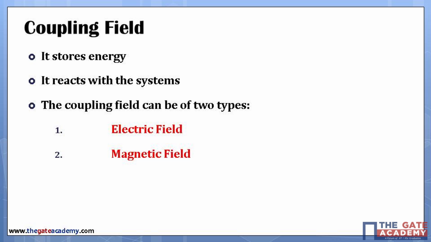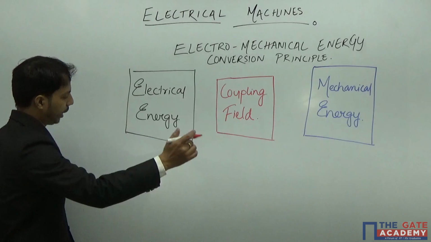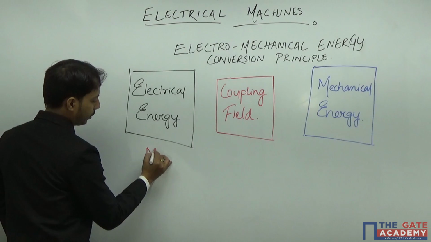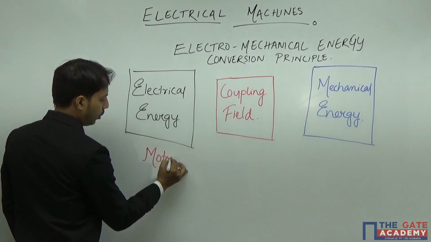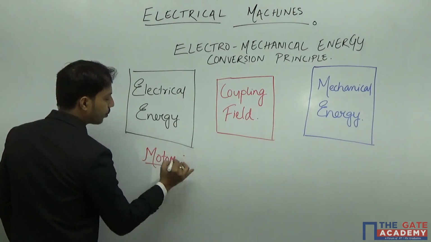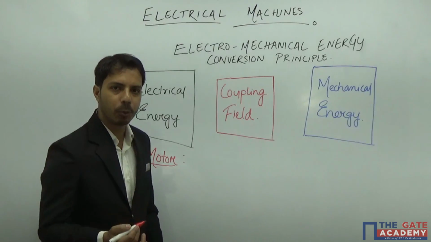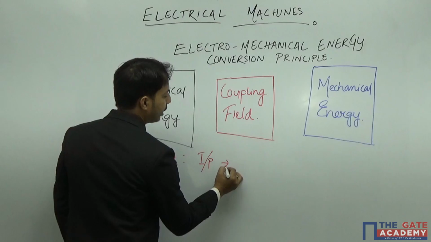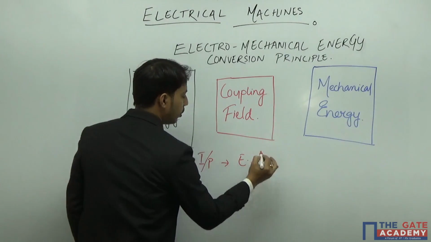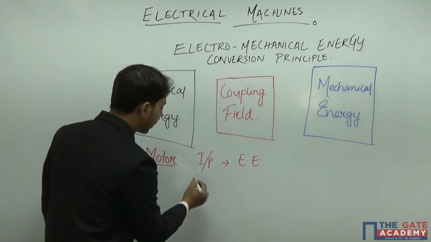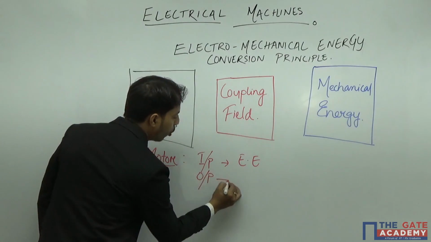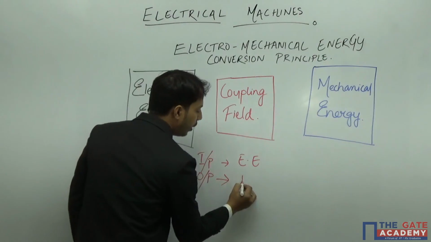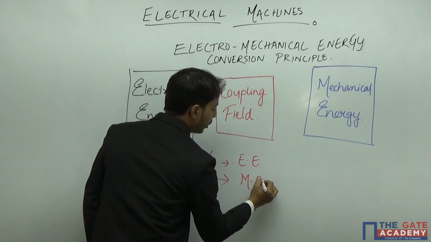Let us take an example of motors. What happens in motors? What is the input? The input in a motor is electrical energy. And what is the output we expect? In motors, we expect the output to be mechanical energy.